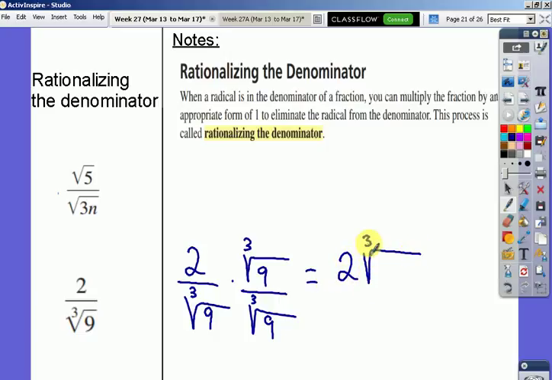I just have to leave it on the outside. And then on the bottom, my product property says that the cube root of 81. Is 81 a perfect cube? It is. If you plug in your calculator, what do you get?